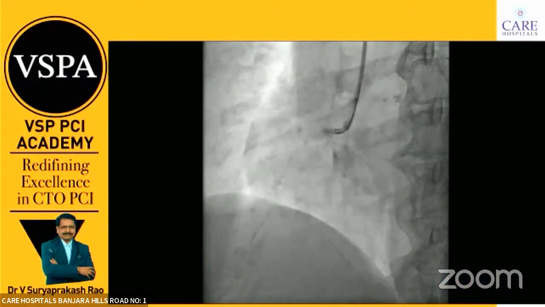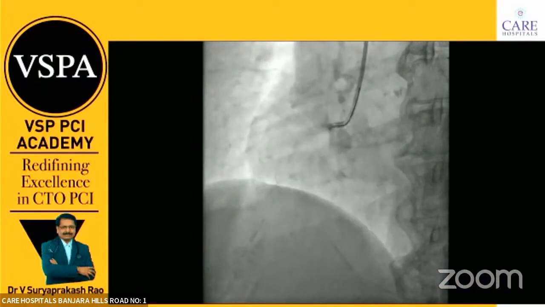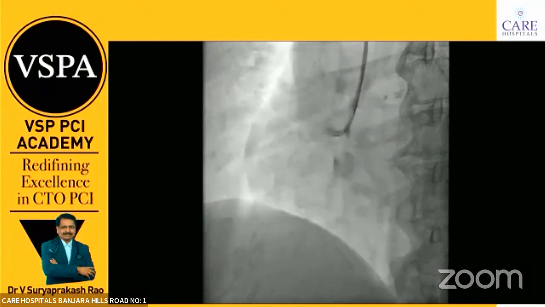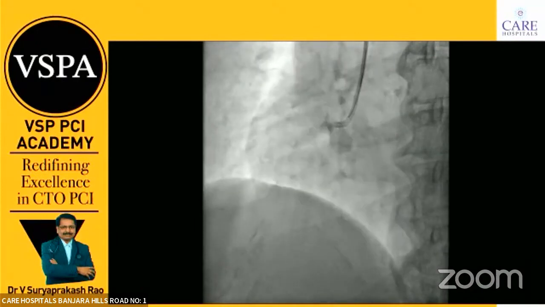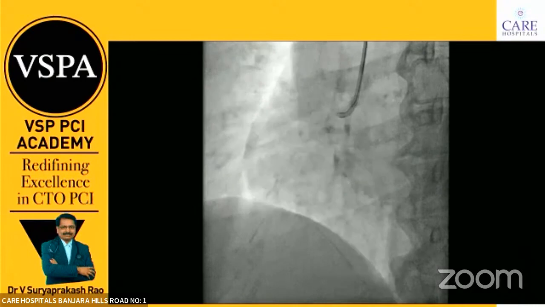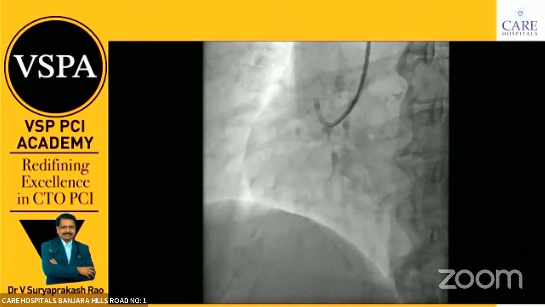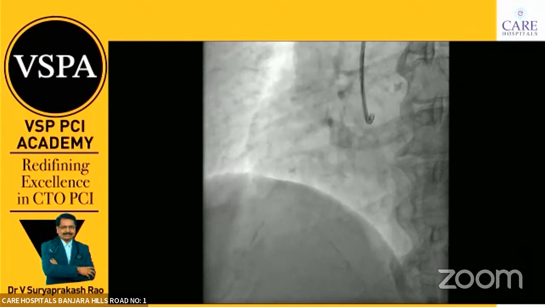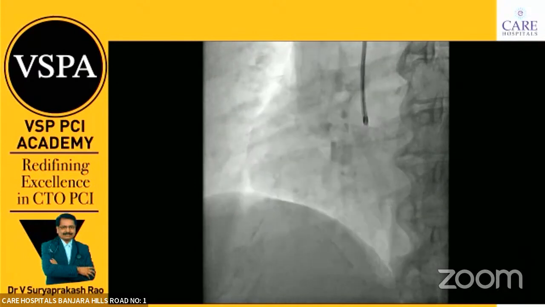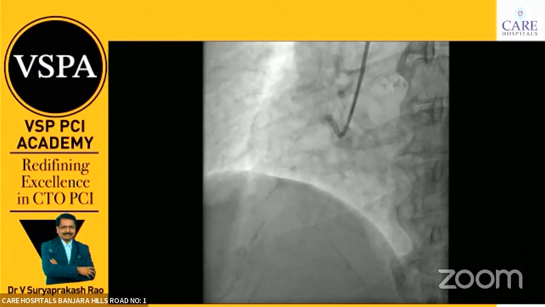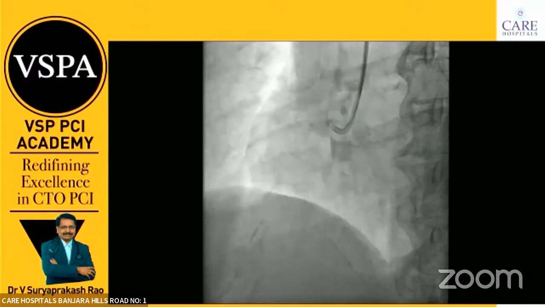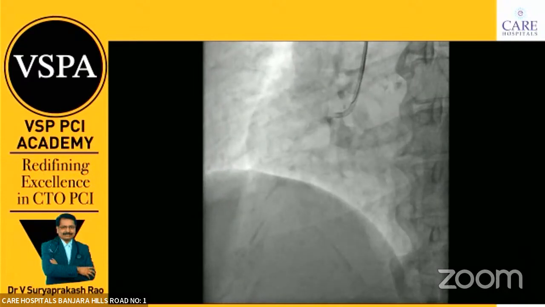This lady had an ostial RCA CTO. The angio was done elsewhere, so I could not capture it, but the RCA was the CTO. I wanted to share this long angiographic projection because sometimes when you do not have an angio, as I was telling you, we avoid the antegrade angios.